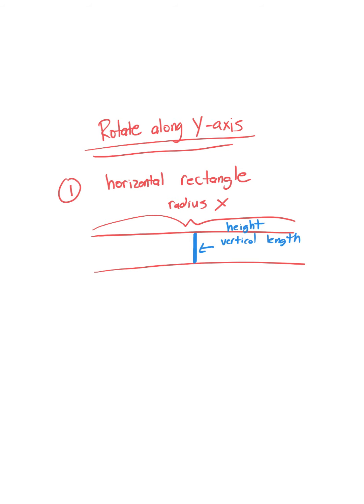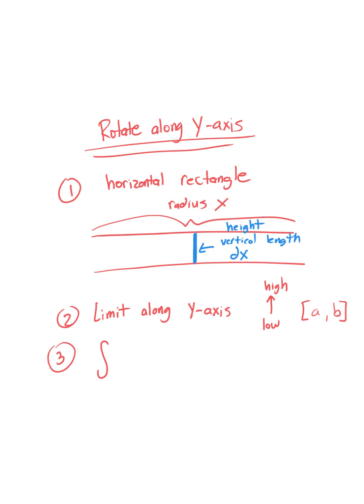The limits, a and b, are along the axis of rotation, so they are along the y-axis, from low to high. So those are my limits. And finally, your definite integral will have y's in it. It will be y's and dy. That is a rotation along the y-axis.